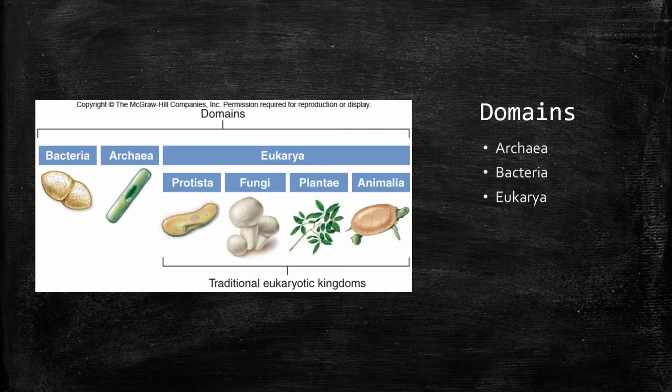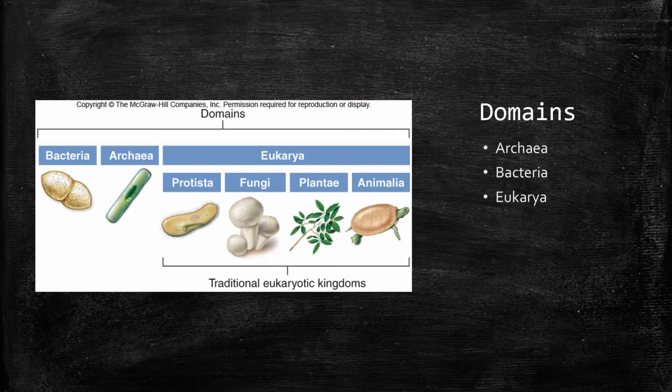There are 3 domains that life is divided into as far as science is concerned. And these are based on the types of cells in those domains. The 2 types of cells we're going to talk about today are prokaryotes and eukaryotes. So our domains are based on that loosely.